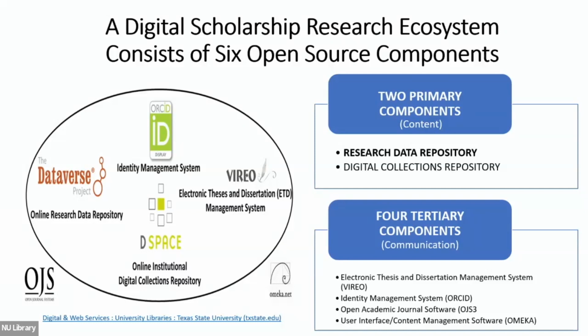And so the 6 components, again, are a research data repository, a digital collections repository, an ETD system, that's the acronym, but it's an electronic thesis and dissertation management system, an identity management system, open academic journal software, and user interface and content management software.